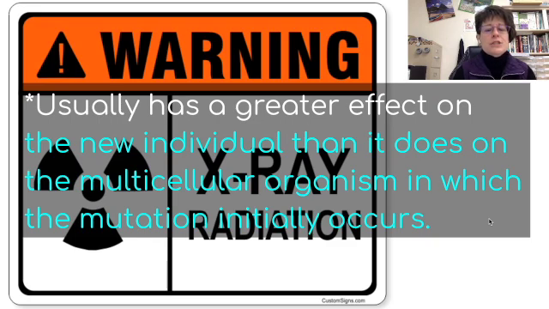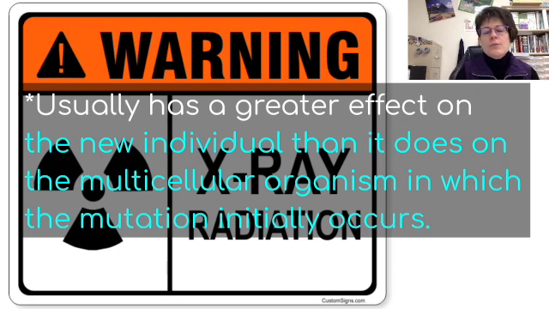Now, I have this warning X-ray radiation sign in the background. This is the reason when you're going for X-rays that they put a lead vest over you, over your reproductive organs. It's so that they will not cause a mutation in the sex cells that you produce, so that you will not have a mutation in your offspring.